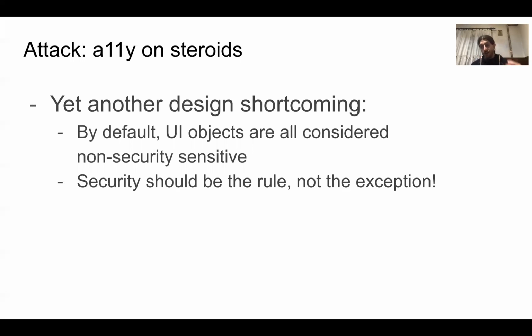For example, if you have a user password, then you are not going to be able to read the text of it. But it turns out that they were protecting the user password, but everything else was not protected, and by default everything was non-security sensitive. And one of the main rules in security usually is that security should be the rule, not the exception. And it turns out in this case that this was not followed.